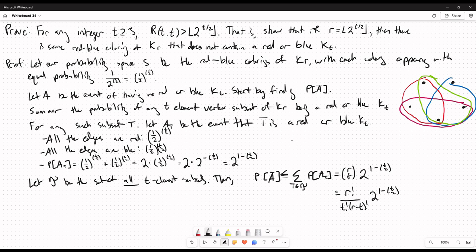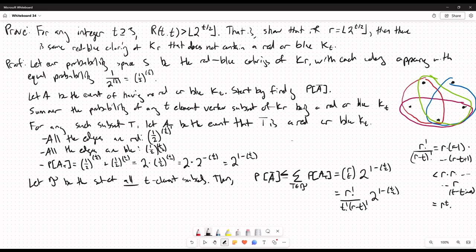And one thing you can note is that R factorial over R minus T factorial is going to be something like R times R minus 1 times all the way up to R minus T plus 1. And there's T of these terms. So that's clearly going to be less than R times all the way up to R, T times, which is R to the T.